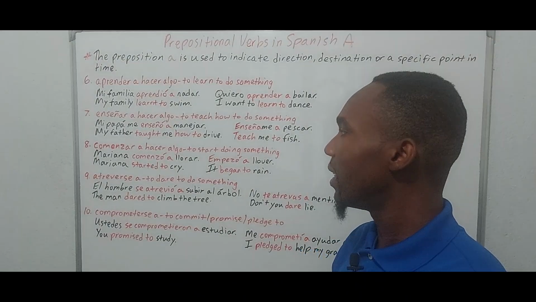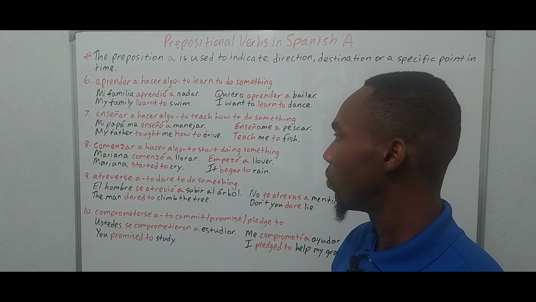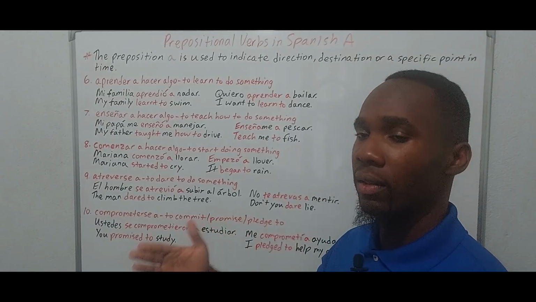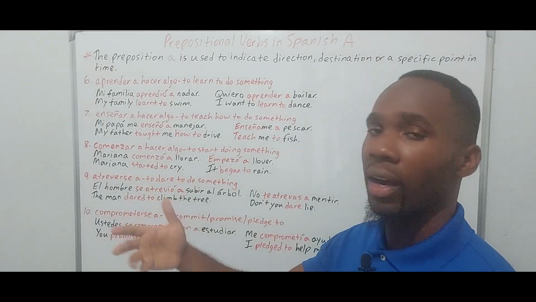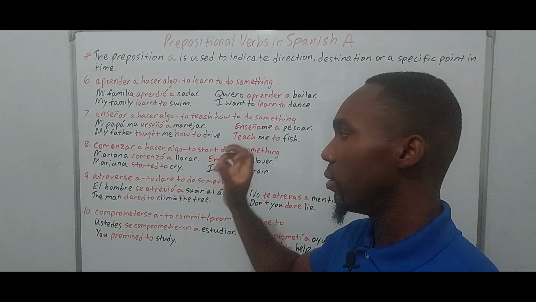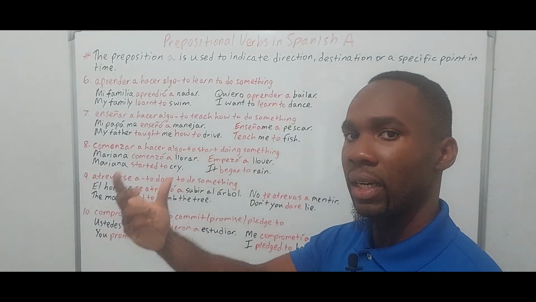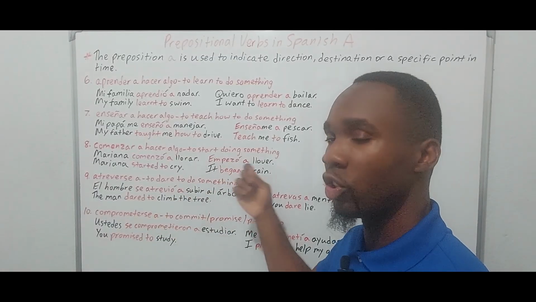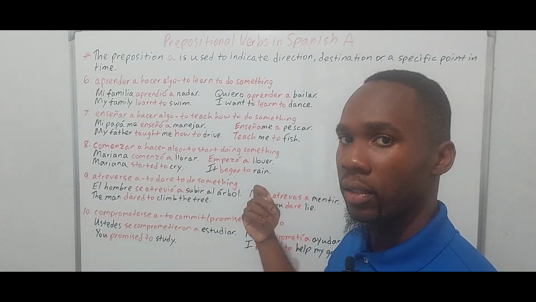8. Comenzar a hacer algo. To start doing something. So we already know that comenzar a means to start at like a specific time. We already know that. But comenzar a followed by an infinitive means to start doing something. Right?